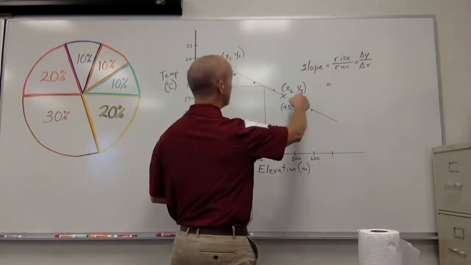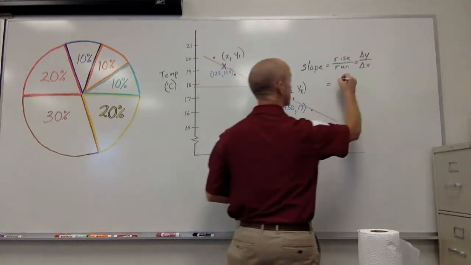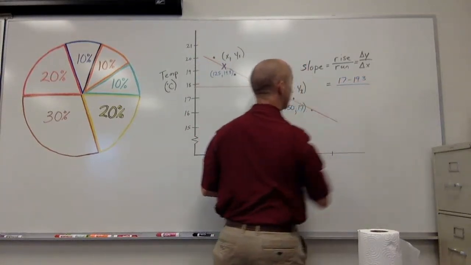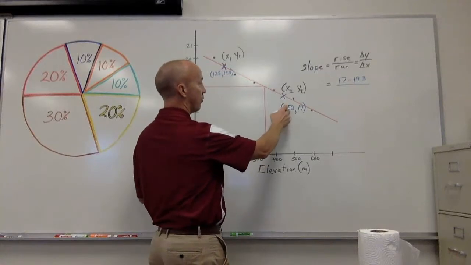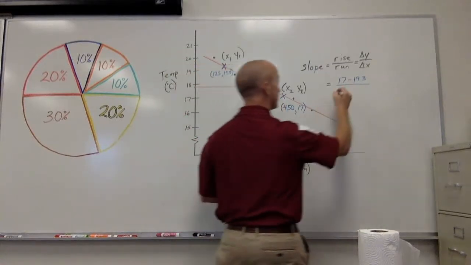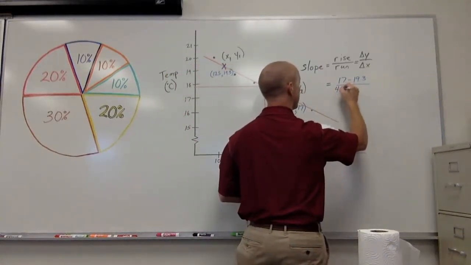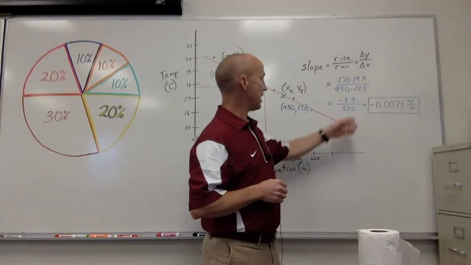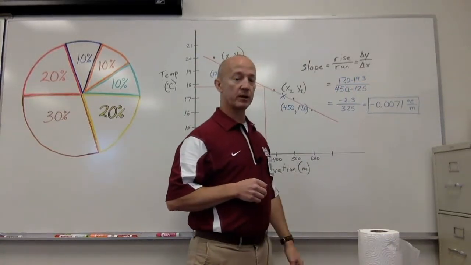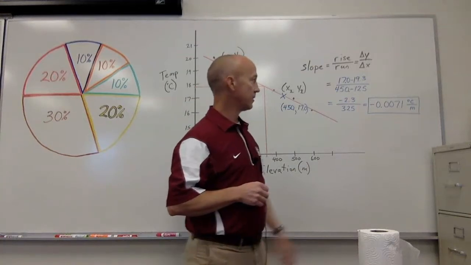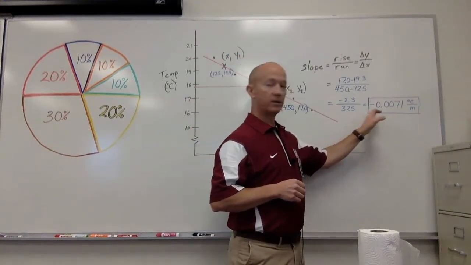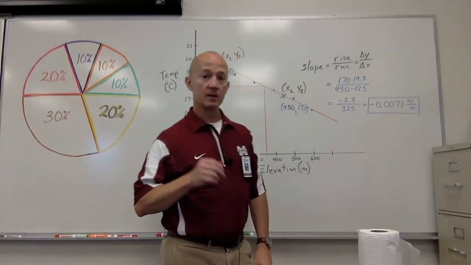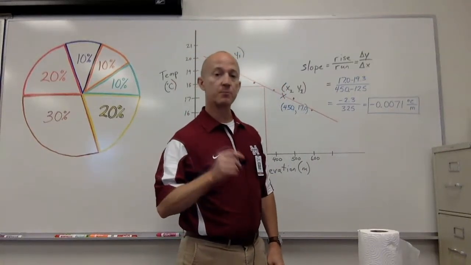So I have y2 minus y1, so 17 minus 19.3 over 450 minus 125, x2 minus x1. And I get a value of negative 2.3 over 325, which gives me a final of negative 0.0071 degrees Celsius per meter.